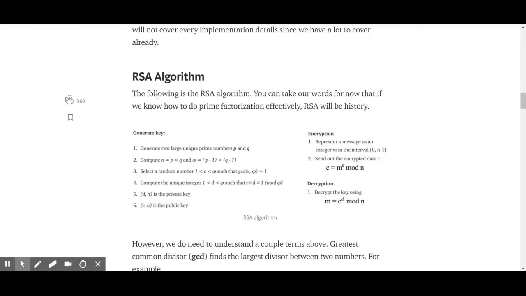The following is the RSA algorithm. You can take their word for now that if we know how to do prime factorization effectively, then RSA will be history. So this is how RSA is done.